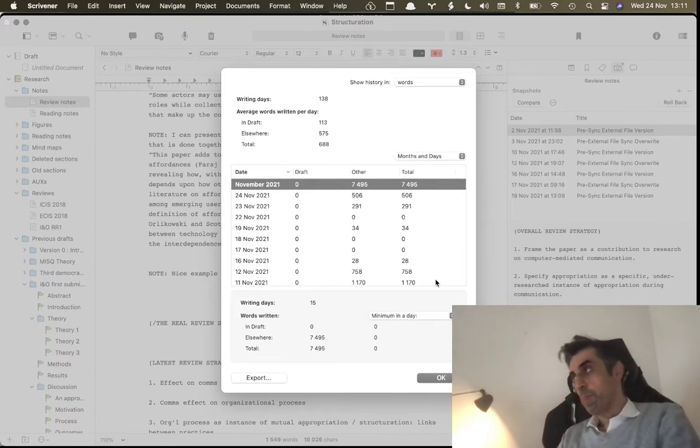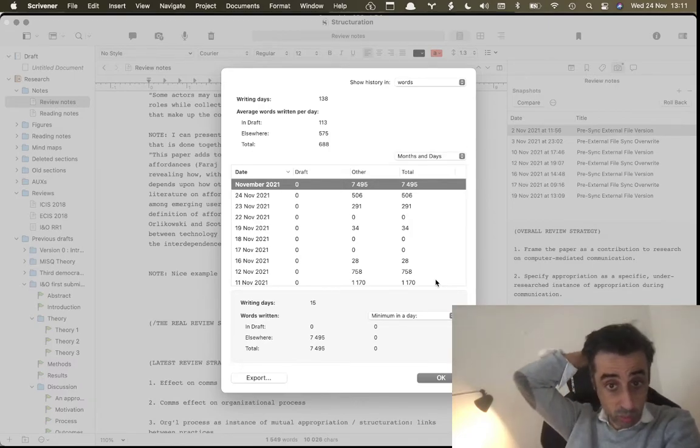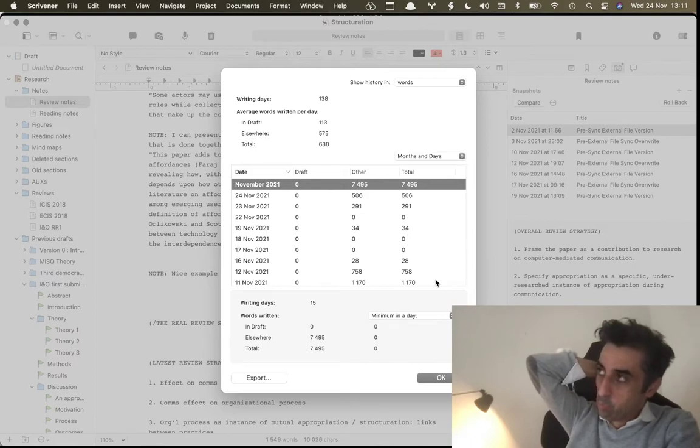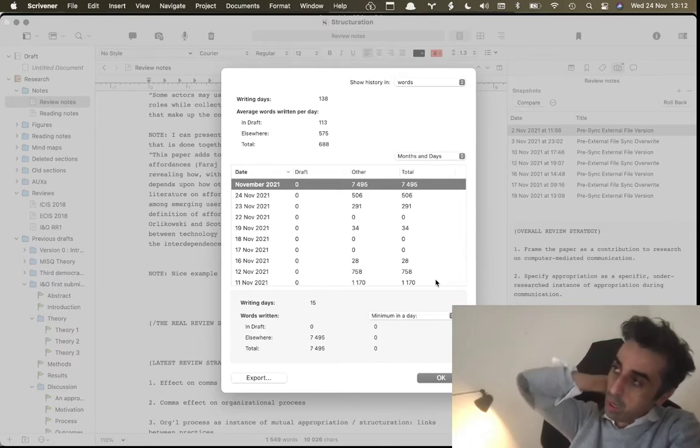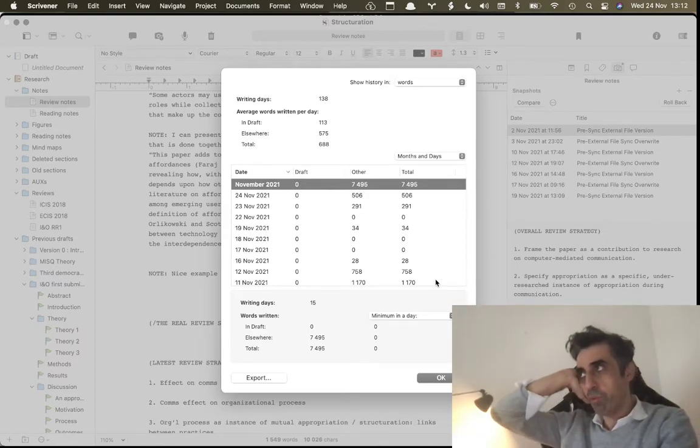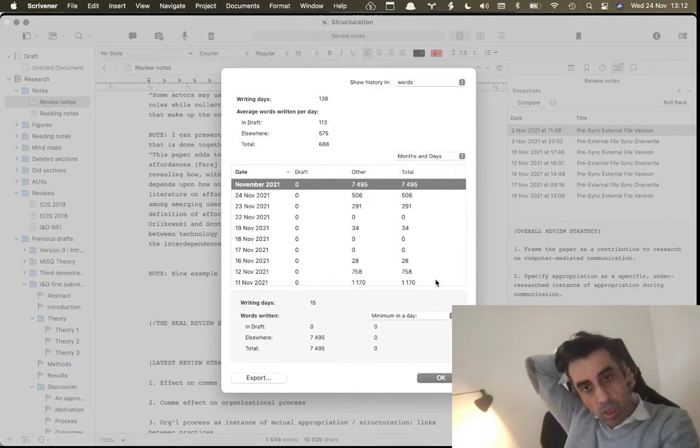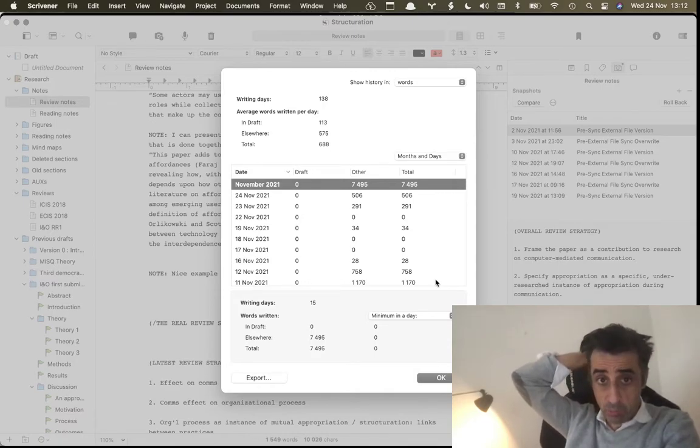So what I would say is that this is not necessarily something that I check every day, but it's something that I mostly use, I'd say roughly once a year, normally when I'm doing my planning for the next year, to see how I'm progressing, how much I'm doing.